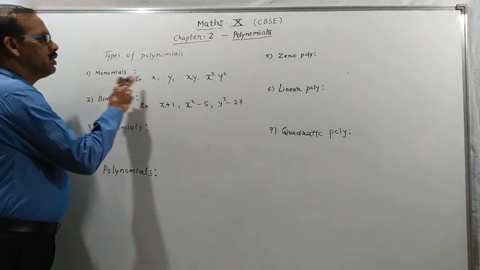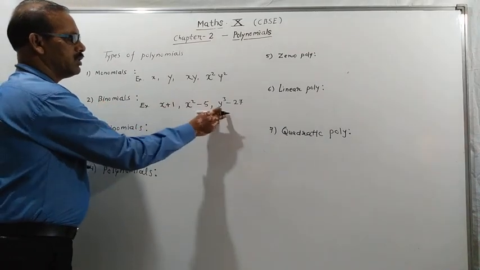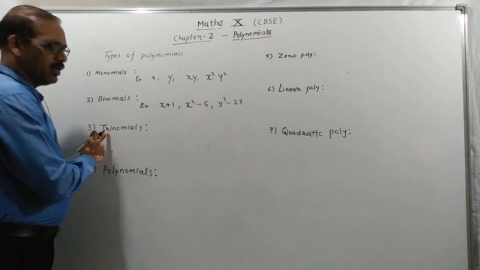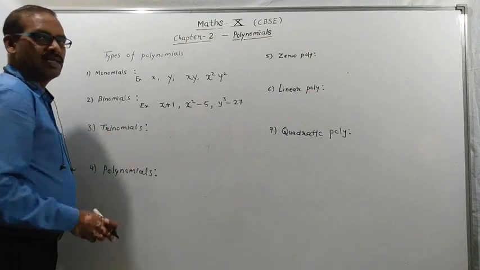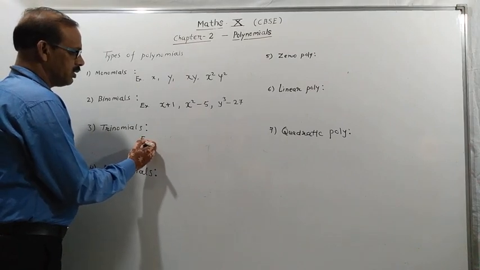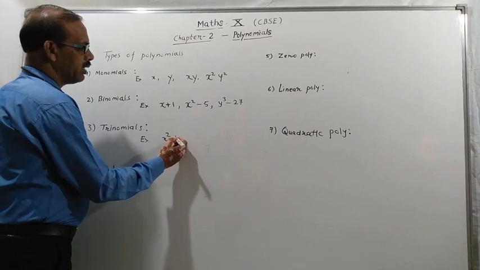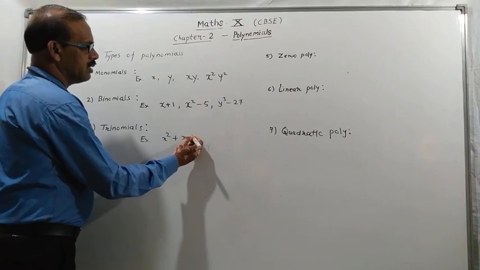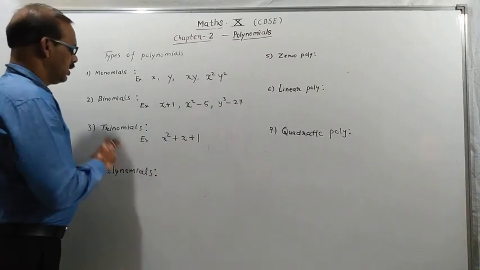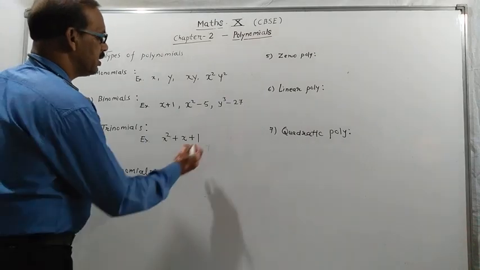Mono means one term, bi means two terms, and in the same way trinomial, tri means three, contains three terms. Some examples of trinomials are x square plus x plus 1, which has three terms.